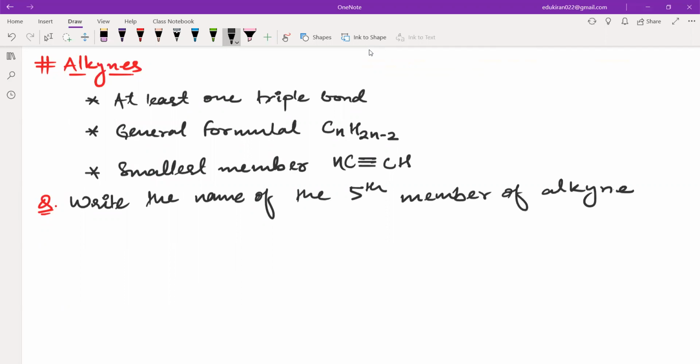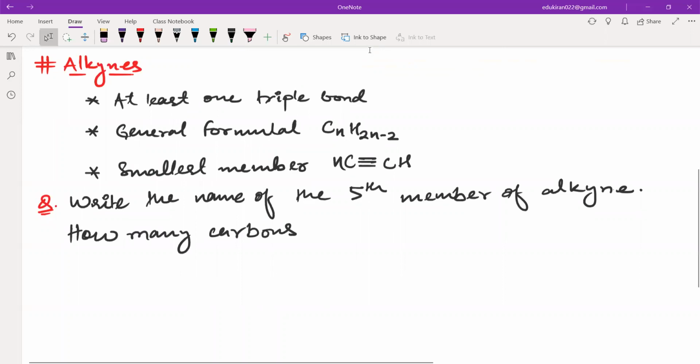So in the chat, you will tell me. Just tell me how many carbon atoms are there in the fifth member of alkyne. No, don't worry about writing the name.